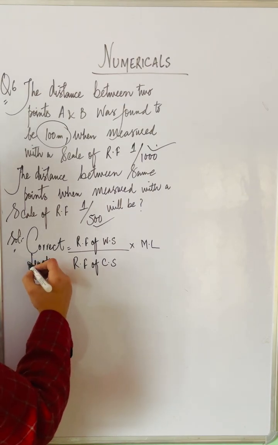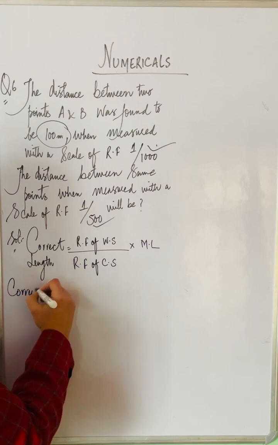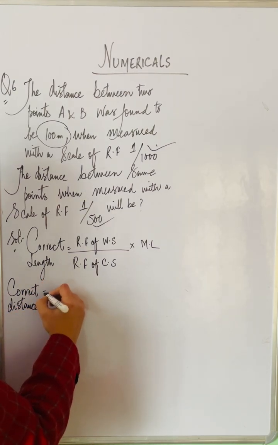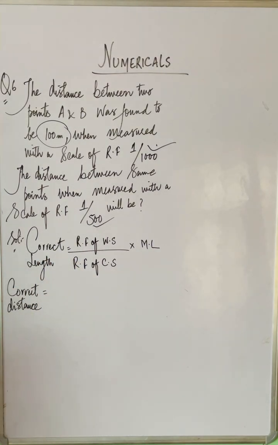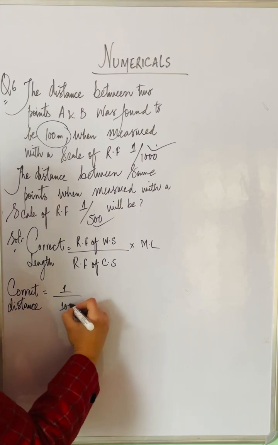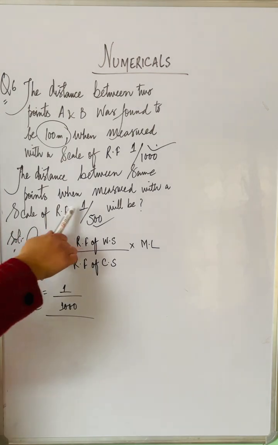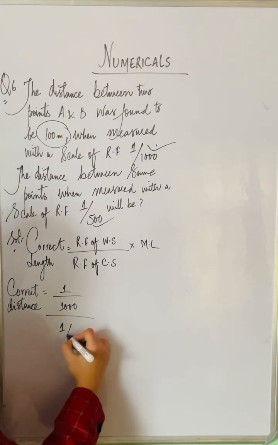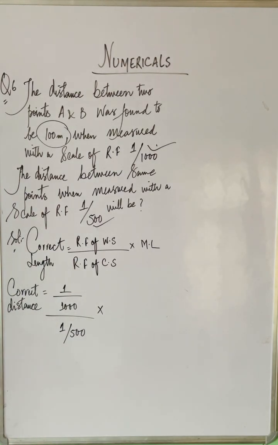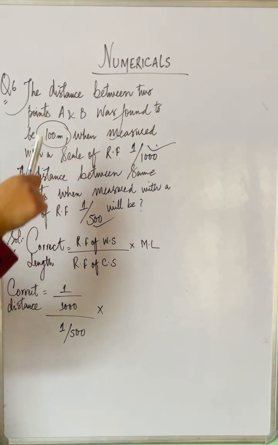Correct distance or correct length. So correct distance will be equal to representative fraction of the wrong scale divided by representative fraction of the correct scale, multiplied by measured distance, which in this case, the distance between 2 points A and B, was found to be 100 meters.